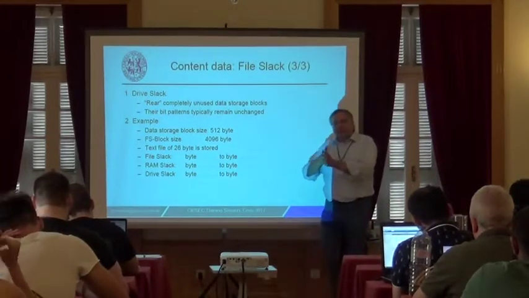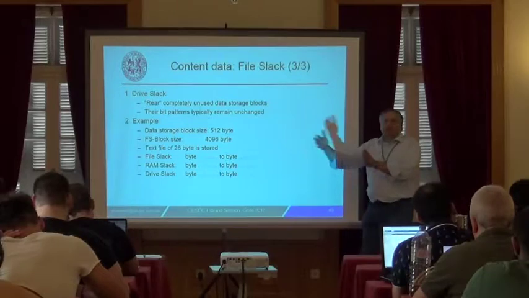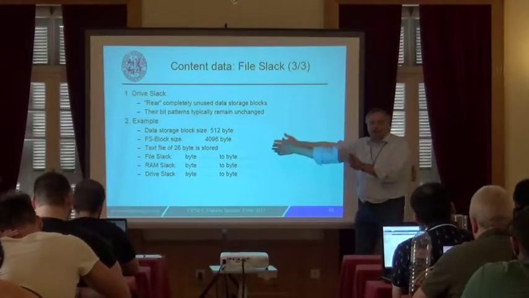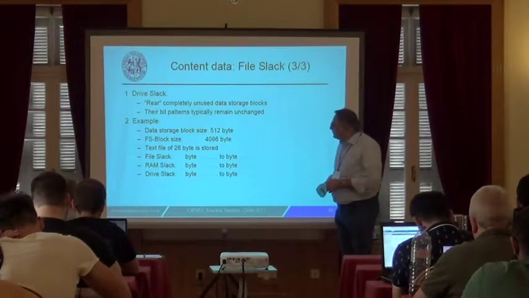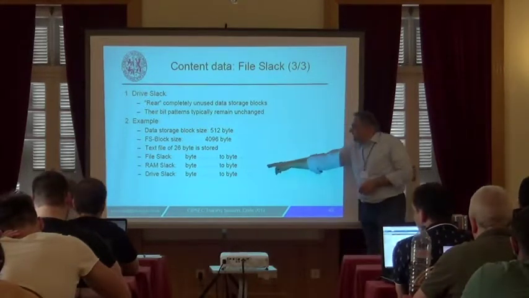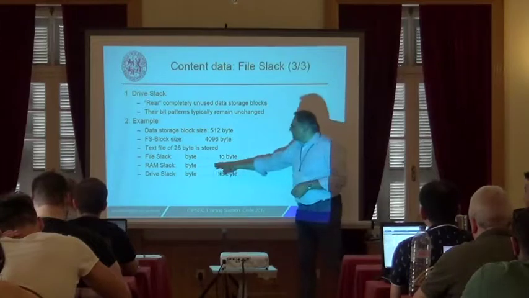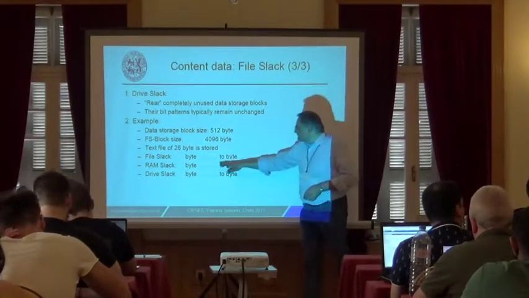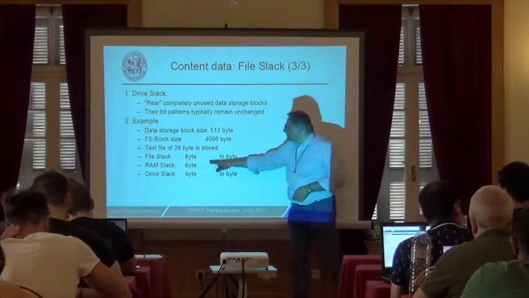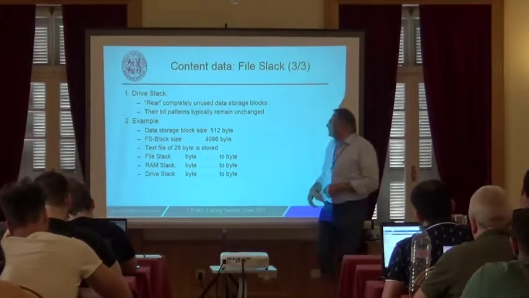From byte 26 onwards is hidden, unavailable space that we call slack. The RAM slack would probably be from byte 26 to byte 511, because that would be the buffer used by the operating system to do the write operation.